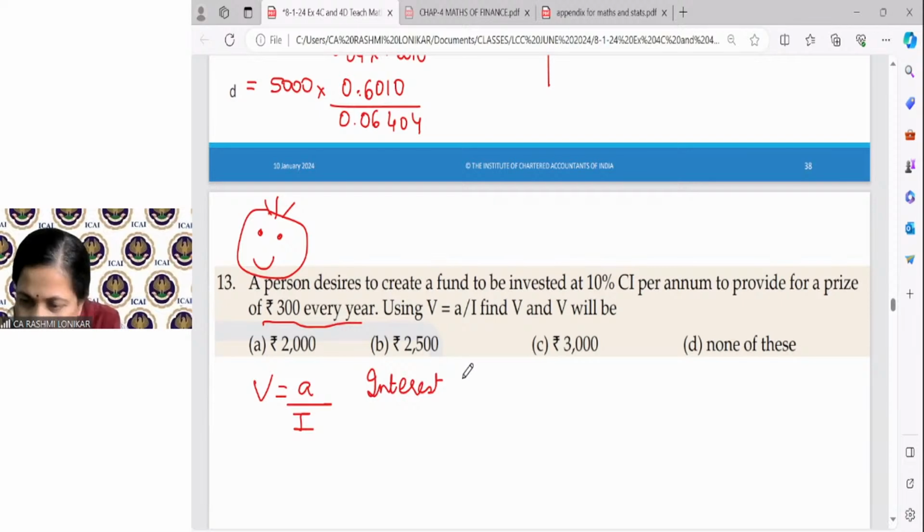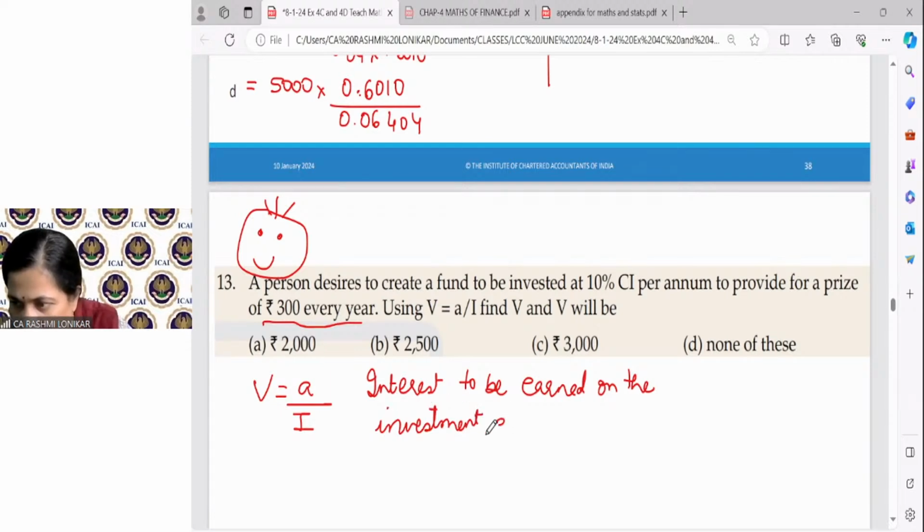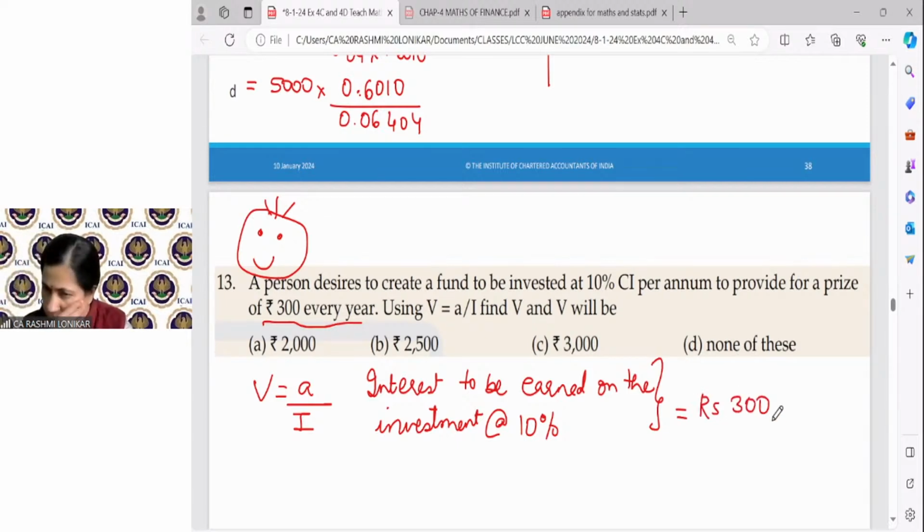Interest to be earned on the investment at the rate of 10% should be equal to rupees 300.